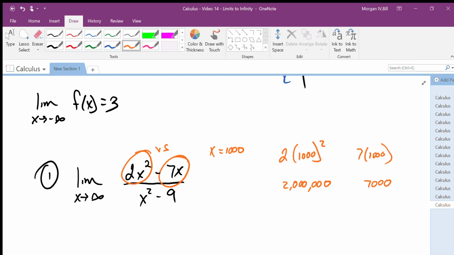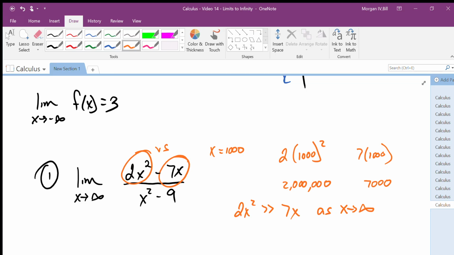Point being this: as x gets really big, 2x squared is much, much larger than 7x as x goes to infinity. So think about this: 2 million minus 7,000. Yeah, you lost 7,000, but in comparison to 2 million, losing 7,000 is not that big of a deal.